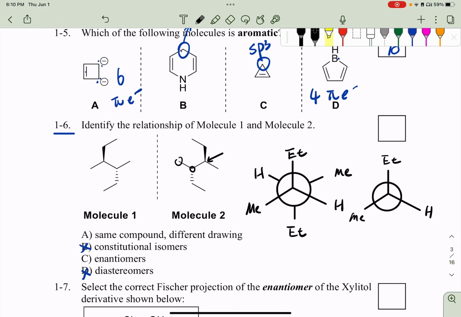I'm rotating it by 180 degrees so that it's eclipsed on top of each other. And this is what I get. Now it becomes really obvious, right? They're all eclipsing over each other, and this molecule must be a meso compound. That's why this is A.